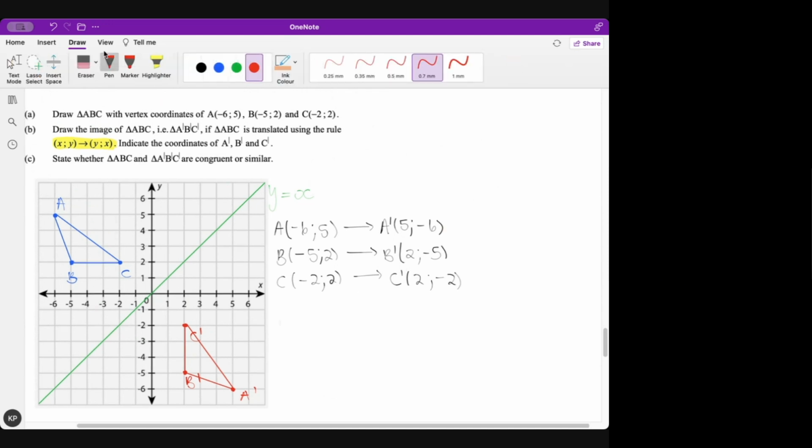And then C, are these triangles similar or congruent? Anyone? Are they similar or are they congruent? Someone says similar. There's 18 of you in here, so I'm expecting more responses. Let's hear.